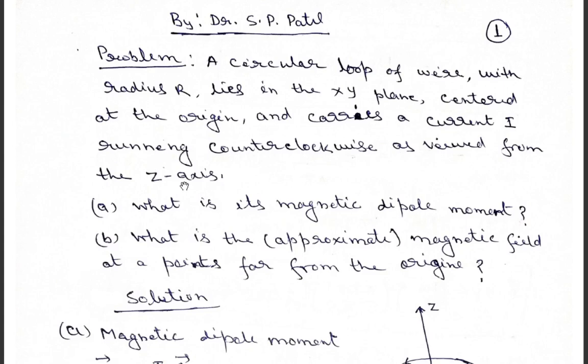Okay, it means there is a circular loop of wire in which current is flowing, and this circular loop is placed in the xy plane. And if you see from the z axis, this circular loop carries a current counterclockwise.